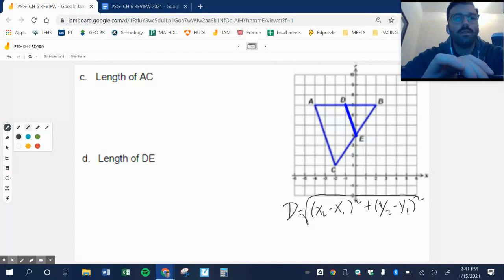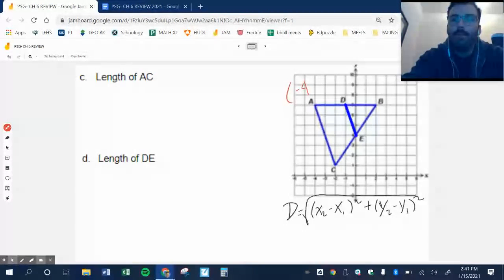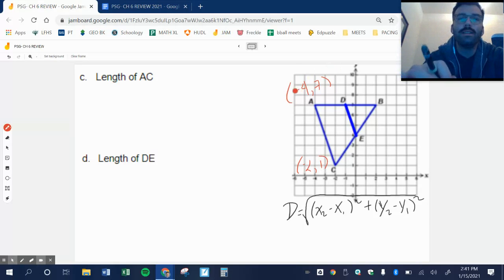Okay. So AC, it looks like it is negative 4, comma 1, what is that, 7? Right, 7, perfect. And then C is negative 2, 1. Okay, so I'm going to use these as my x2 and y2 values.